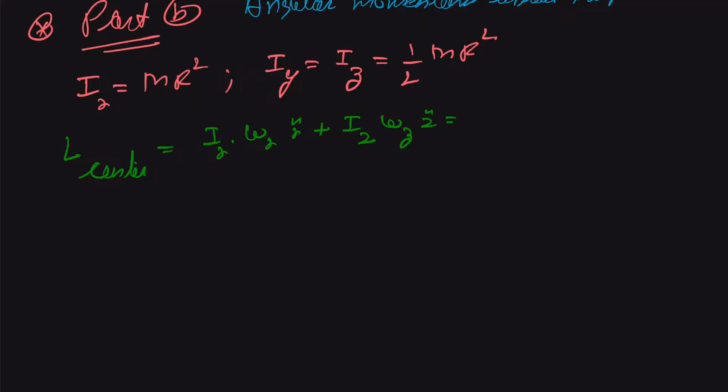We simply substitute the values, and we get mr square omega x unit vector plus 1 by 2 mr square omega z unit vector. And now we are going to use the parallel axis theorem to find the angular momentum about the origin.